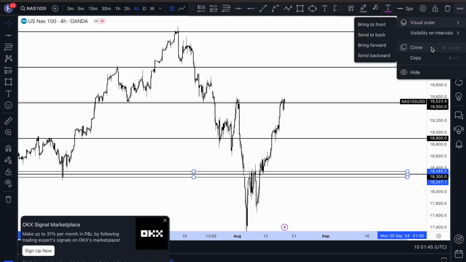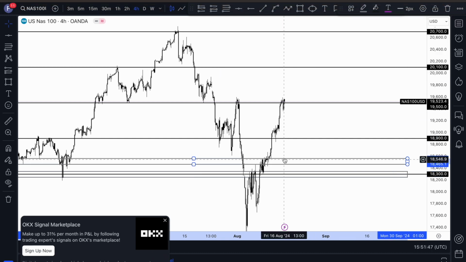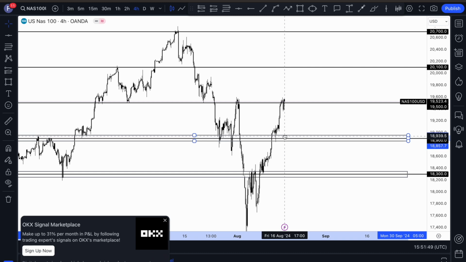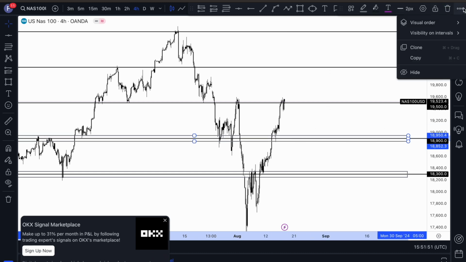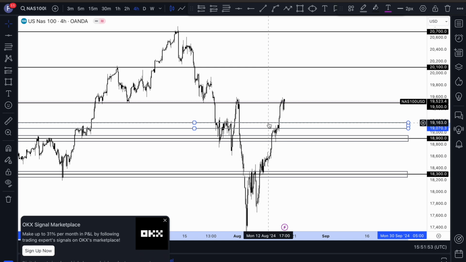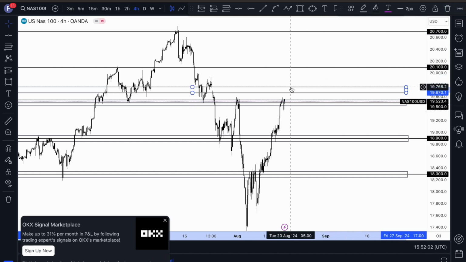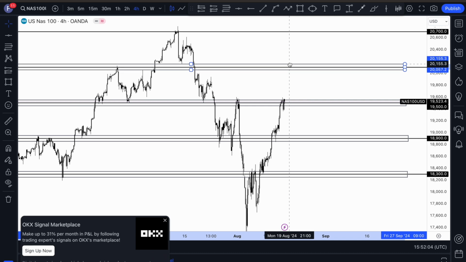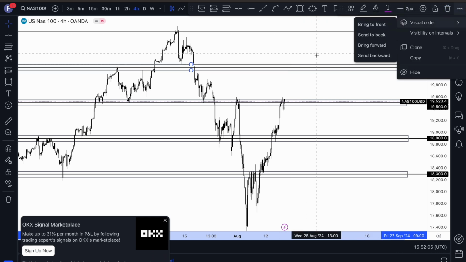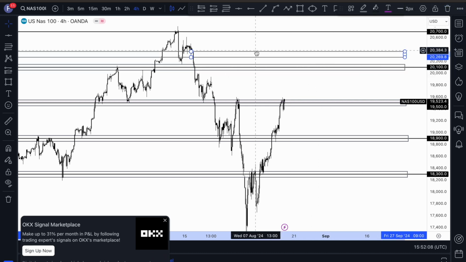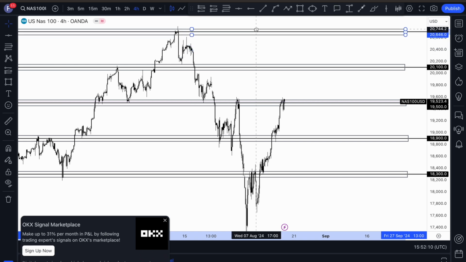So after here, I'm going to clone so that I can know and be alert when my price approaches my major psychological level. So now all of these are my major psychological levels. I'll also show you guys how I plot my middle psychological levels.